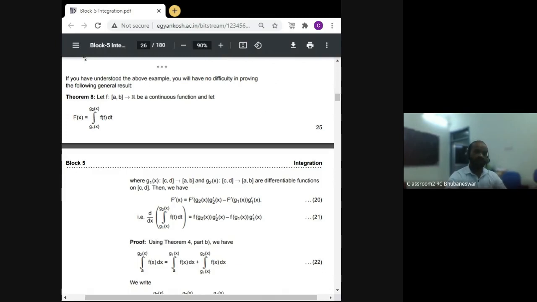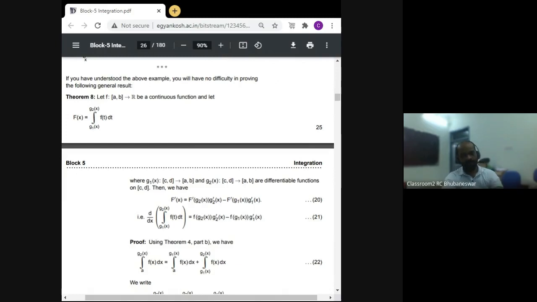Here we have taken a function small f, defined on the closed interval [a, b] over the set of real numbers R, and that is a continuous function. Here capital F is the integral of the function f from small g1 to small g2.